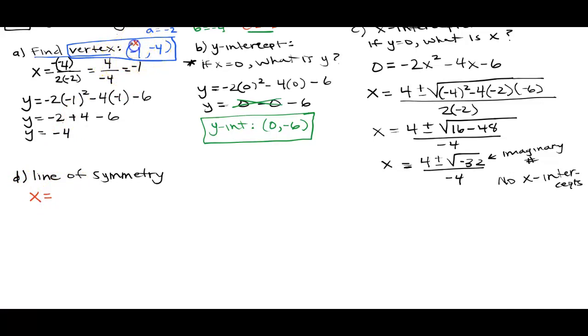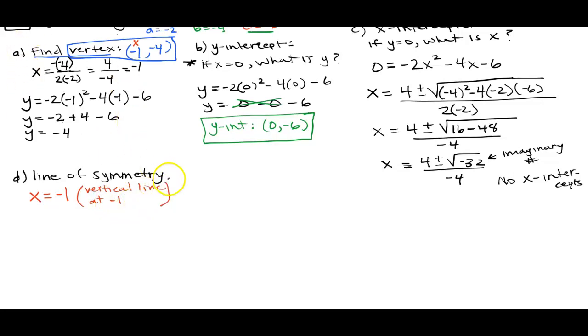This is our x value of our vertex, and so that means our line of symmetry is going to be x equals -1. So whatever our x value is of our vertex, we'll write that as an equation of a line, x equals -1. This means it's a vertical line at -1.